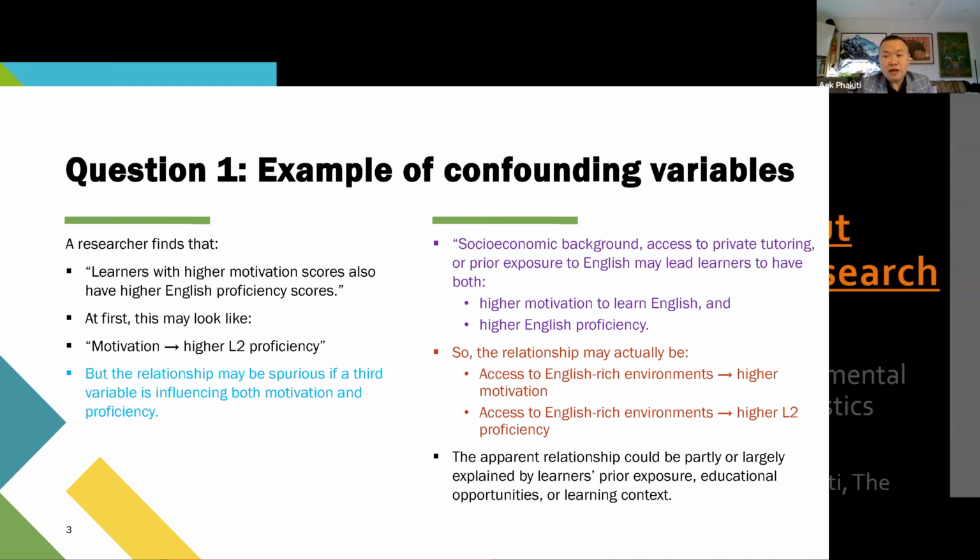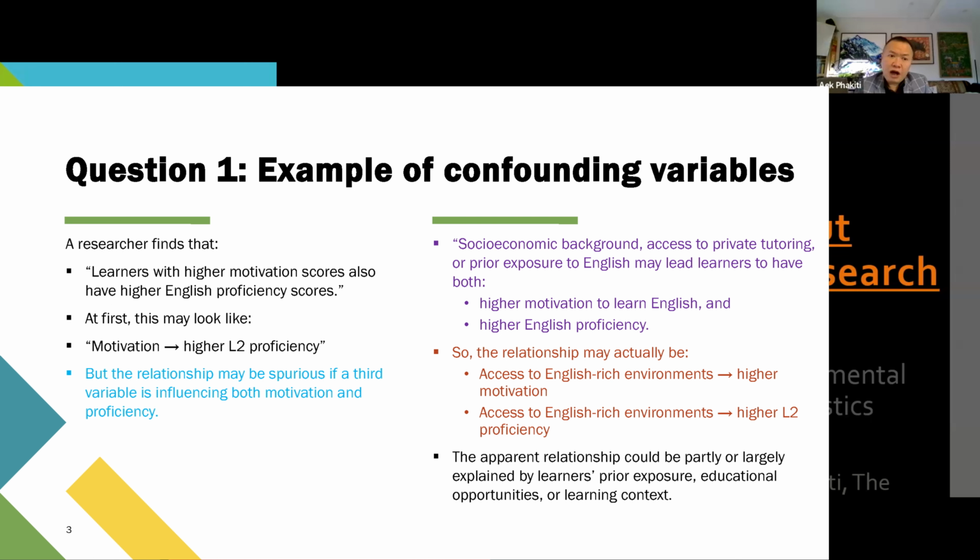Yeah. Okay. So now it's really important for us to consider this issue because, for example, if you found that learners with higher motivation also score higher in English proficiency tests, right? So it looks like, oh, motivation can lead to higher L2 proficiency, right?